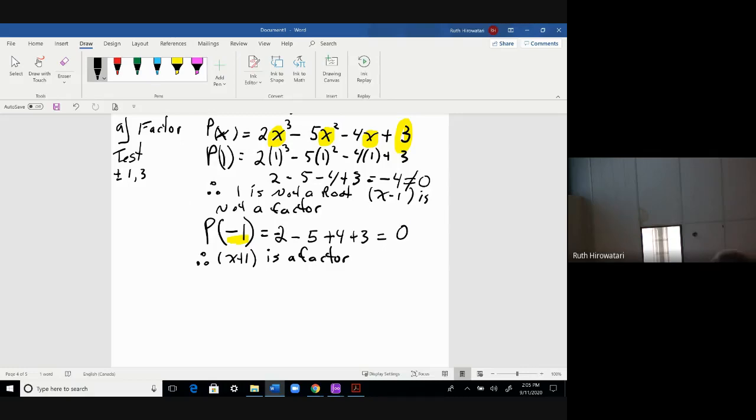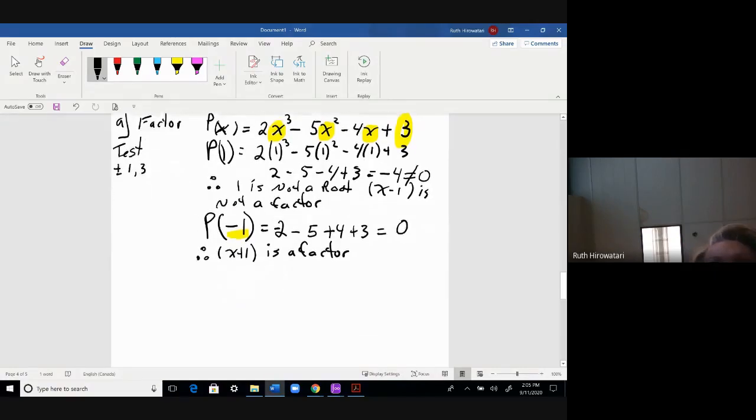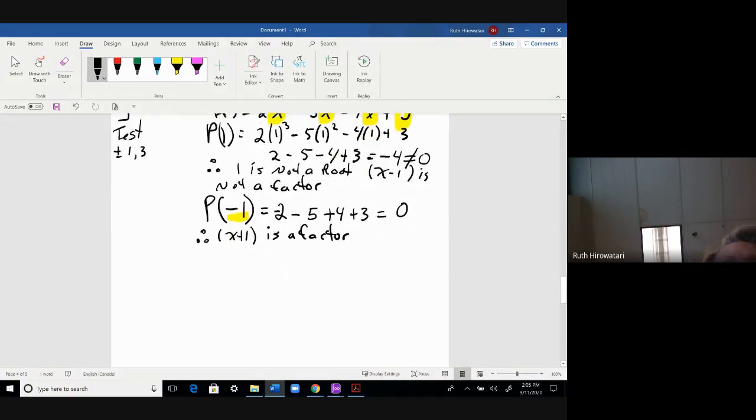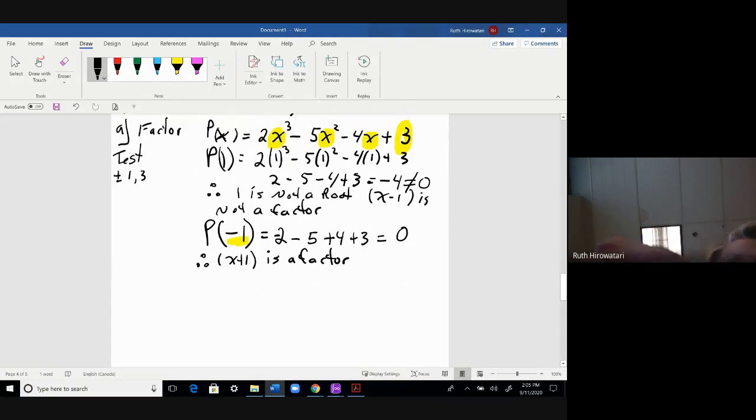Okay, so remember our shortcut for doing this? We use synthetic division. Let me give you a quick reminder of it. So look here at this polynomial, and I'm going to help you remember synthetic division. You write down the coefficients: 2, -5, -4, +3. Remember, it has to be descending powers of x.